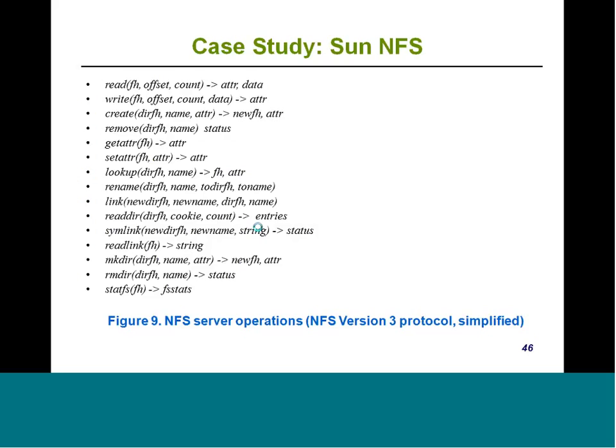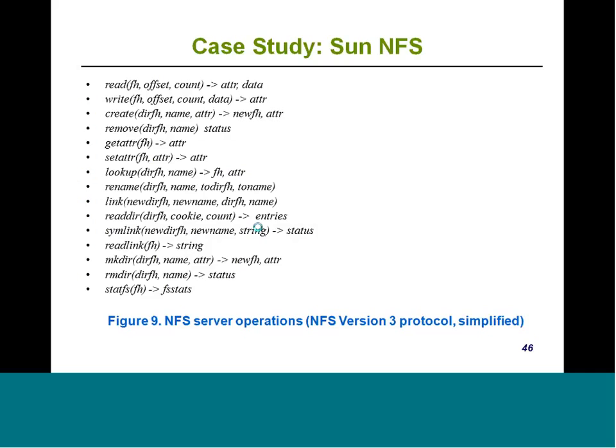The create command is where we specify a directory file handle, the name, and then the attribute, and this command returns a new file handle and also some attributes on the file.